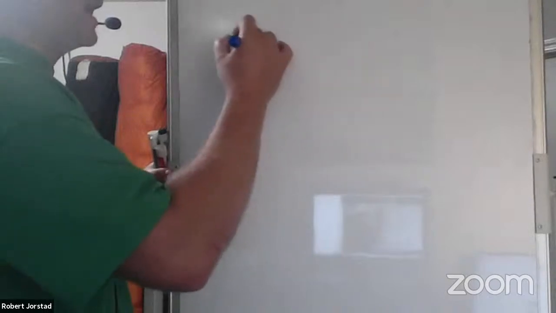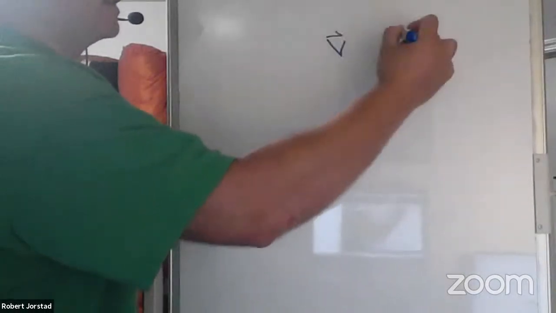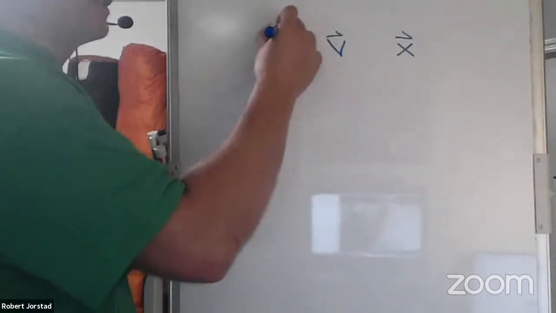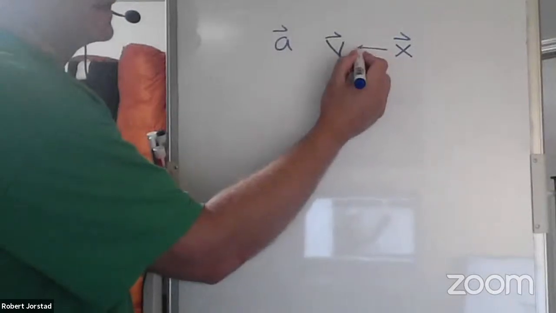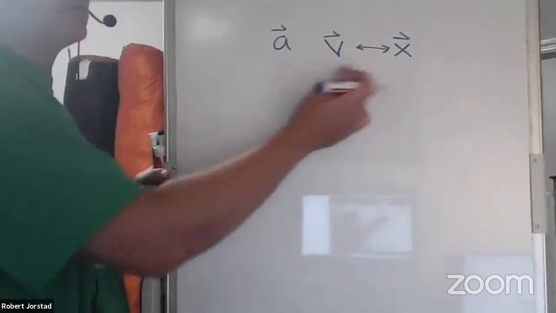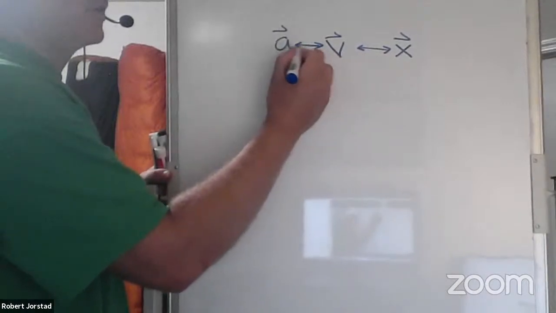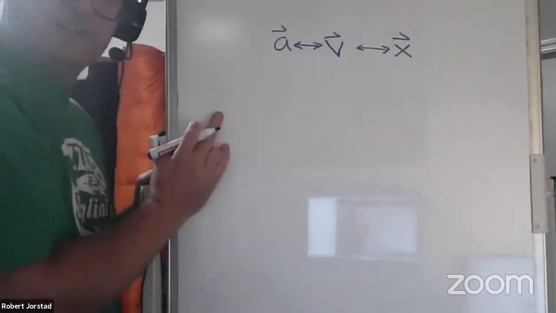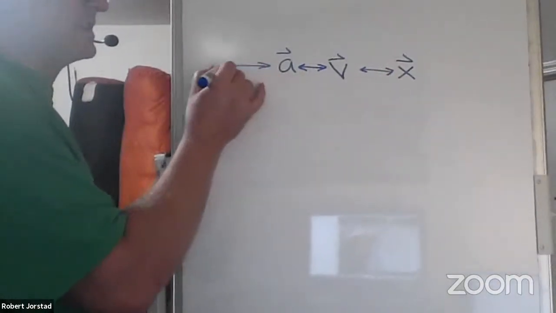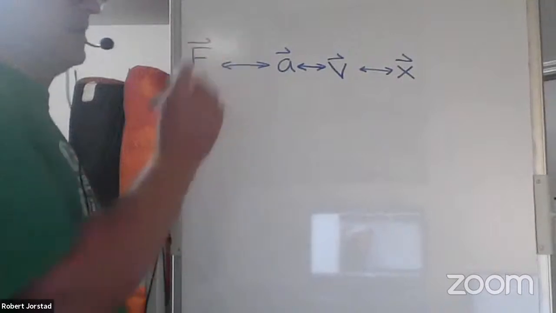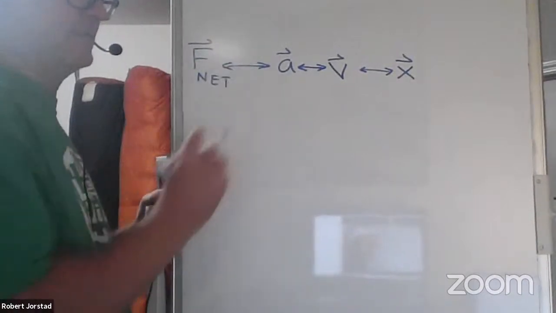So we had x, which is position, velocity, and acceleration. We could go back and forth between position and velocity, and between velocity and acceleration. We know that acceleration is related to force by Newton's laws, and typically this is the net force.